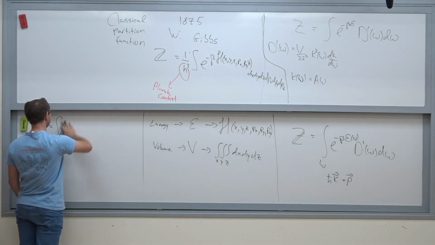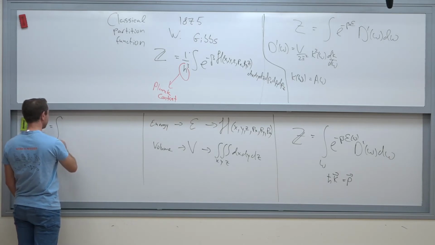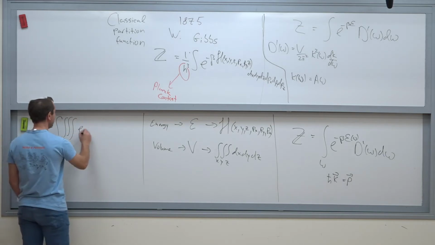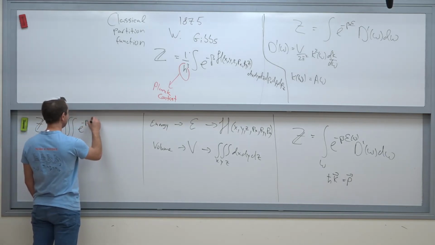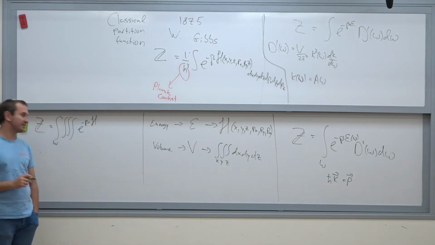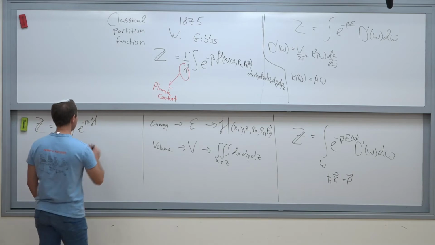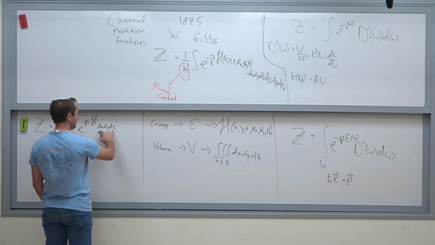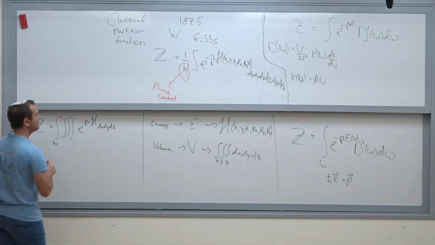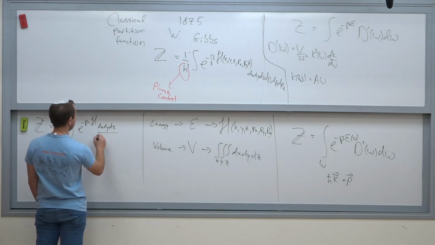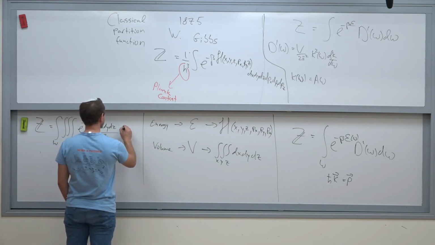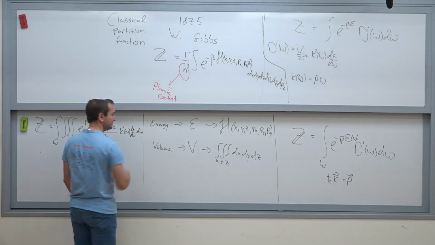So the integral is over omega, and here we have an integral over x and y and z, e to the minus beta. Instead of epsilon, we write our Hamiltonian, and here we have dx, dy, dz. This is coming from the volume element, divided by 2 pi squared. And still we have this k squared d omega dk d omega.